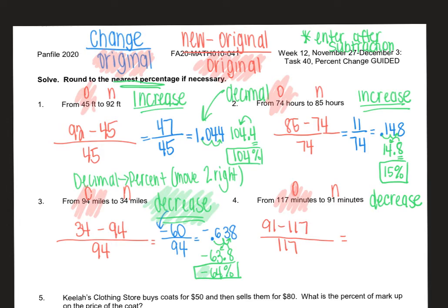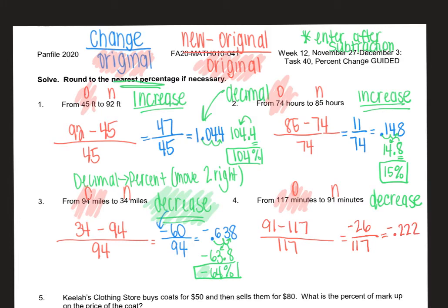When I subtract 91 minus 117, I get negative 26, again alerting me to the fact that I have a percent decrease, and I have 117 on the bottom. When I divide 26 by 117, I'm going to get negative 0.222222, repeating.